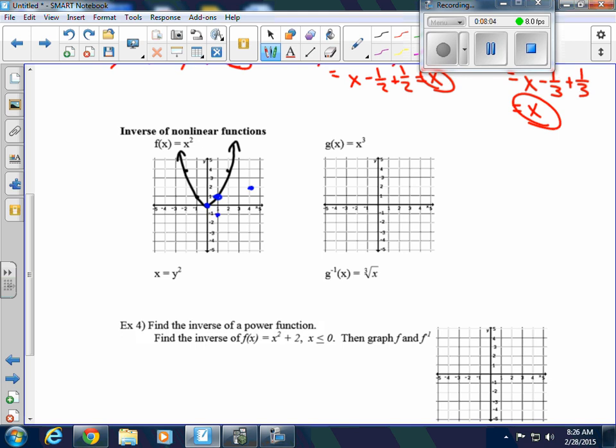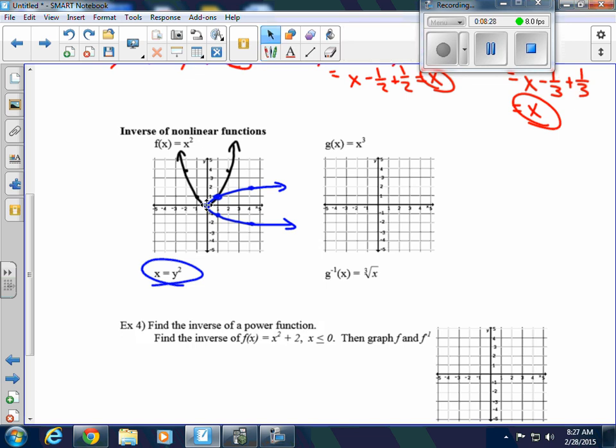And (-2, 4) becomes (4, -2). And so now the inverse of my quadratic equation is the blue one. So the black graph is our original function, and the blue one is our inverse function, which is right there. We switch the x and the y variables.